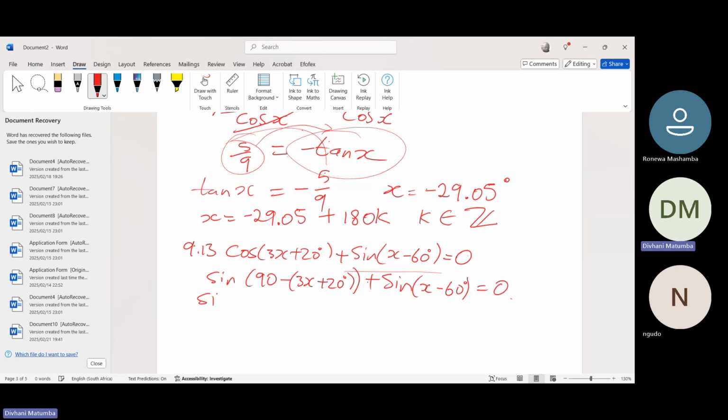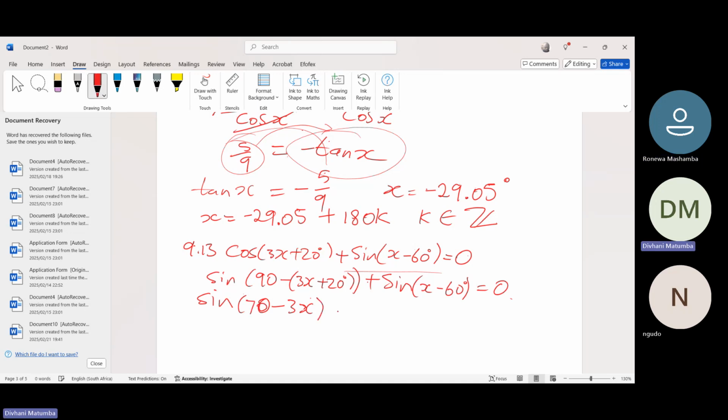So this will be sine of 90 plus 20 will give us 110 minus 3x. So is it not minus? Oh, it's a minus, yeah, you're right. So it's going to be 60. Then 60 minus 3x. It's not mathing, but it's fine.